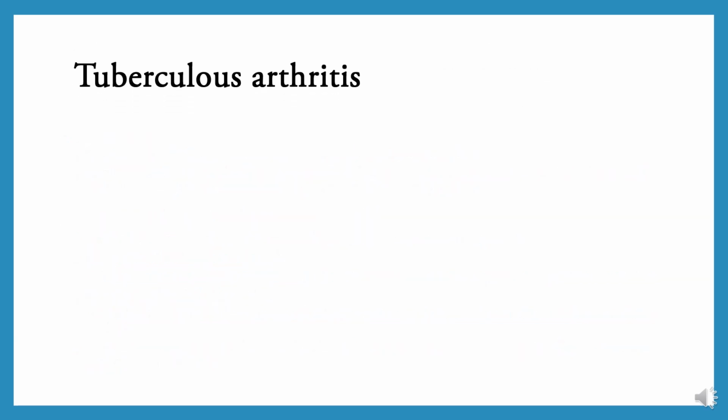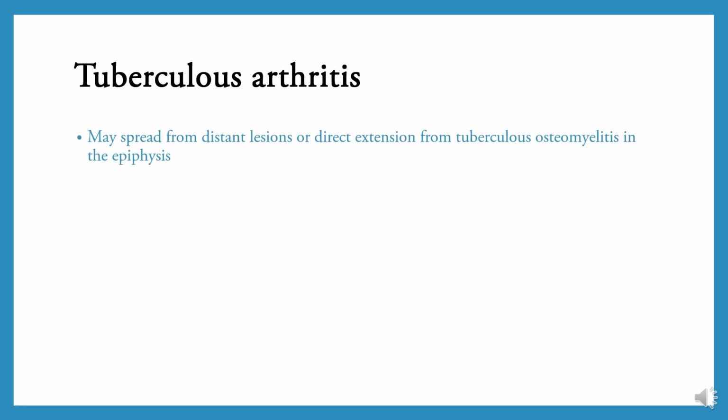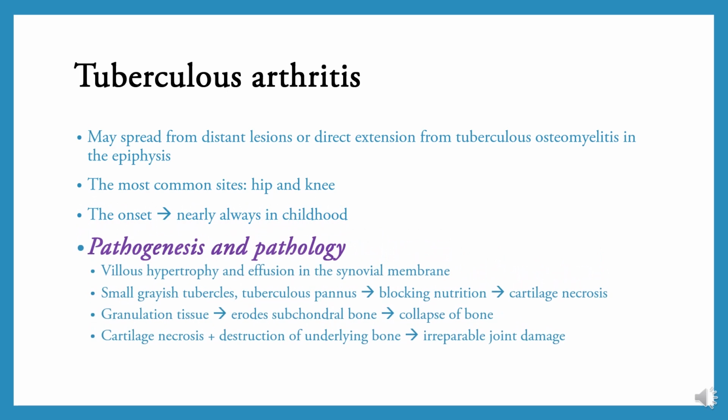Tuberculous arthritis may spread from a distant lesion or by direct extension from tuberculous osteomyelitis in the epiphysis. The most common sites are the hip and the knee. The onset is nearly always in childhood. Pathogenesis and pathology: there is a villous hypertrophy and effusion in the synovial membrane.